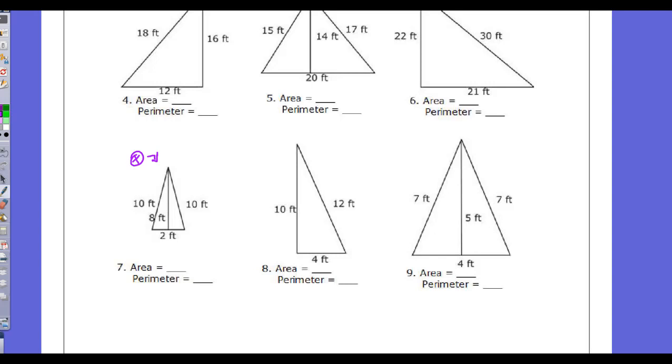So we have 4 numbers. Let's start with the perimeter on this one. Are we going to use all 4 of these numbers? Or is there any of those numbers we're not going to use? Anyone want to jump in?